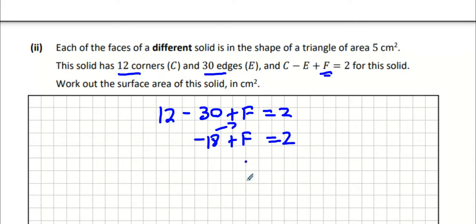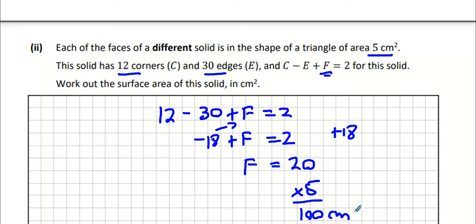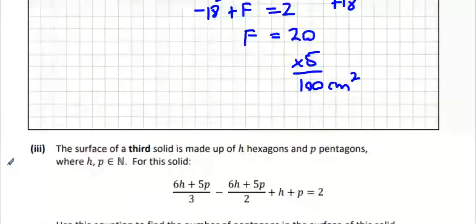This must mean it has 20 faces. Because when you move minus 18 over the other side, it becomes plus 18. 2 plus 18 is 20. So it has 20 faces, lads. And each face has an area of 5. So 20 multiplied by 5 is 100 centimeters squared. All right, happy days. The algebra is quite easy here, actually.